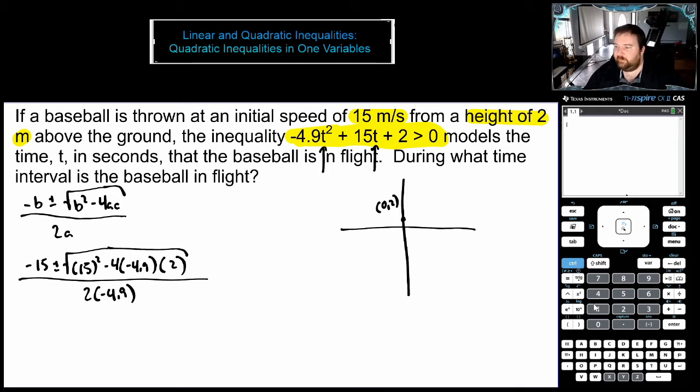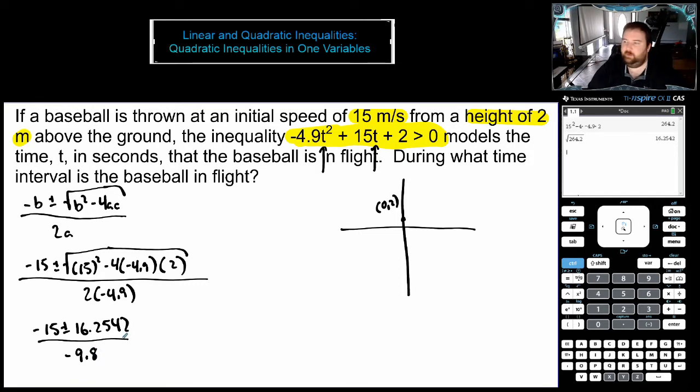So we have 15 squared minus 4 times negative 4.9 times 2. All right, that is 264. And what's the square root of that? 16.2542. All right, so we have negative 15 plus or minus 16.2542 over 2 times negative 4.9, which is negative 9.8.